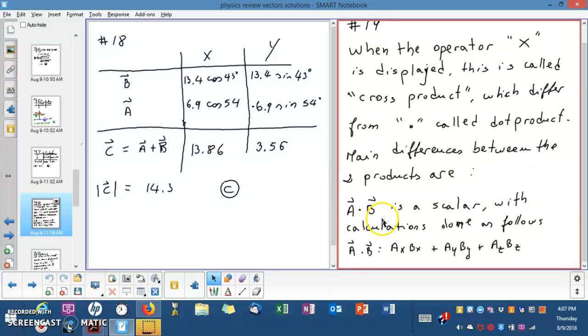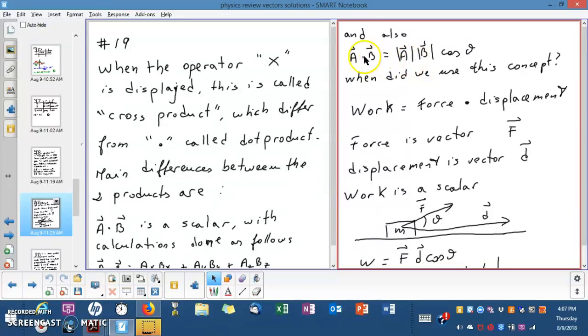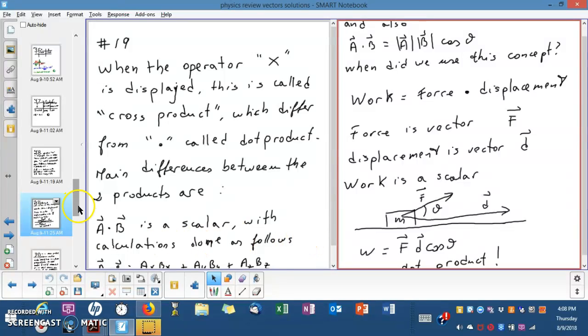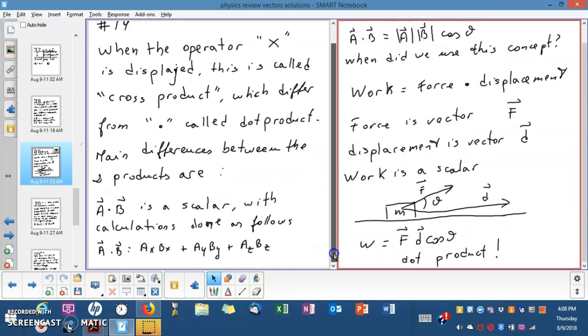Like I said, A dot B is a scalar. And the calculation you do is such that if you have those two vectors' components, you multiply the x components, the y components and the z components, and you add them up. That will give you the value of the scalar. Whereas if instead you have magnitudes and the angle, you multiply those together and you have exactly the same number. So how do you know which to use? Well, it depends on whether you have all of the components or the angle.